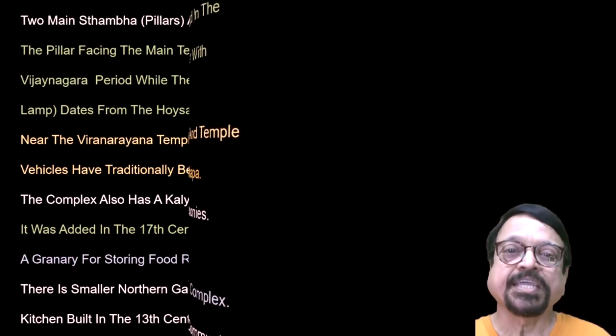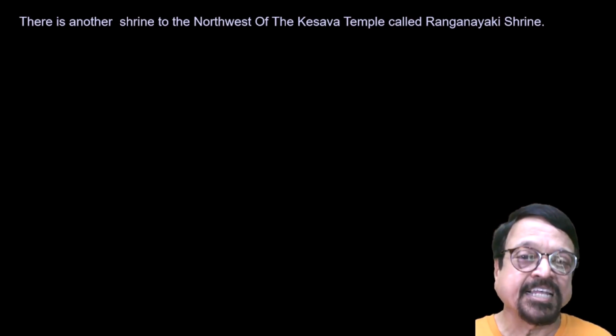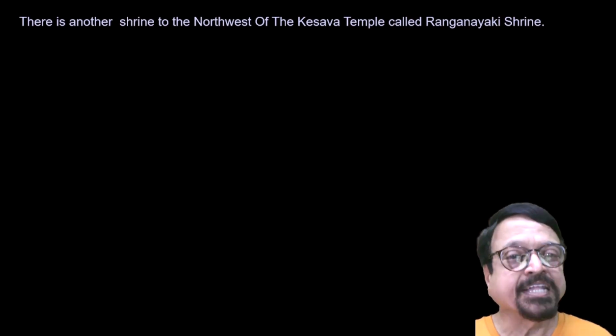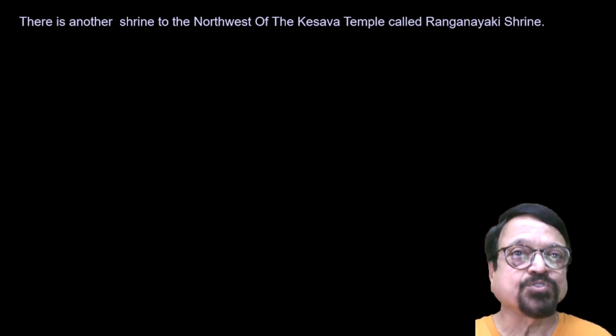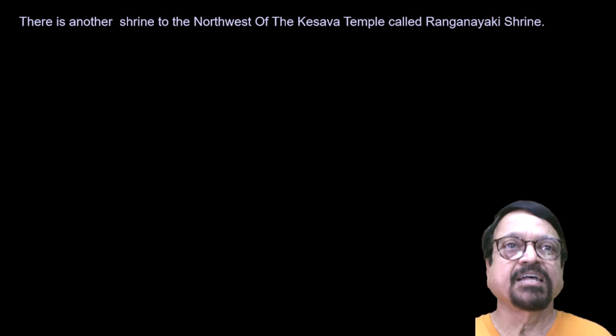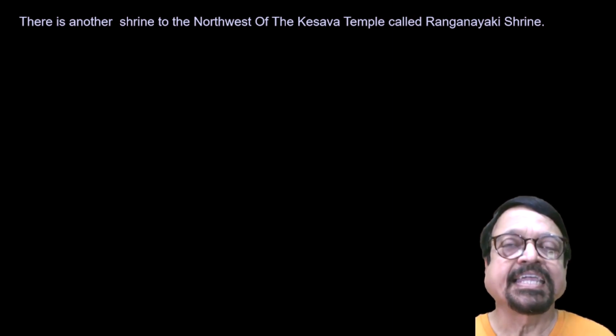So the temple was taking care of everything. During the ceremonial season, people were gathering here, they were given residence and food, and they were offering their puja and worship. There is another shrine to the northwest of the Keshava temple called the Ranganayaki shrine.